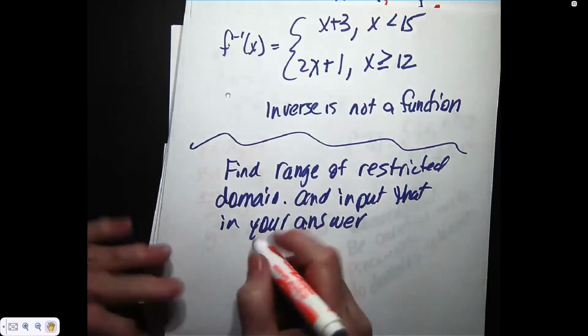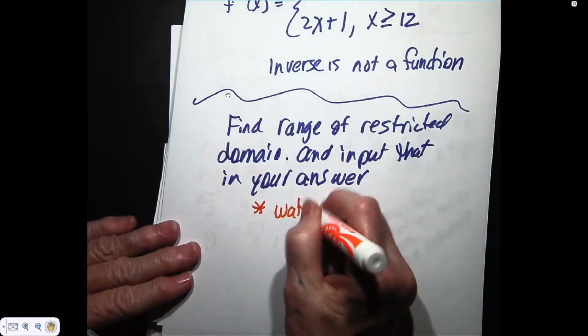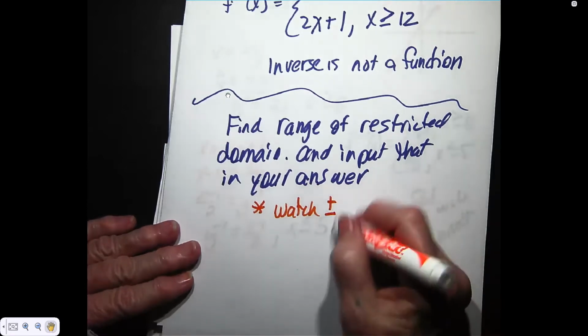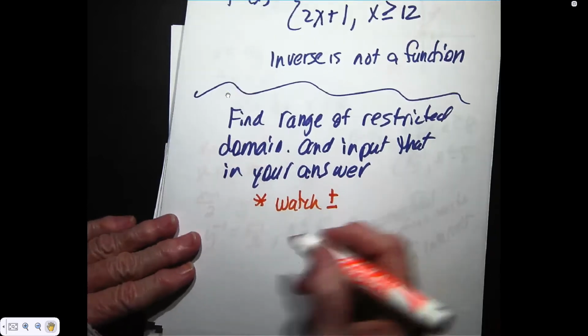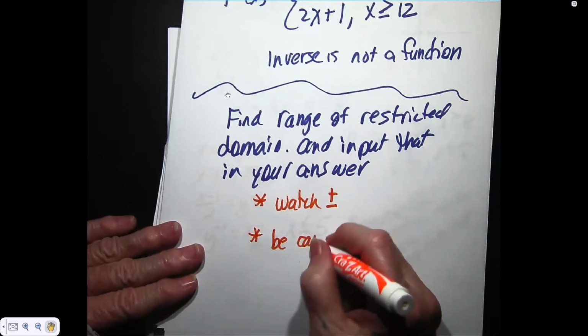So watch out for plus or minus, because it's not going to be both if it's restricted. And be careful with piecewise.